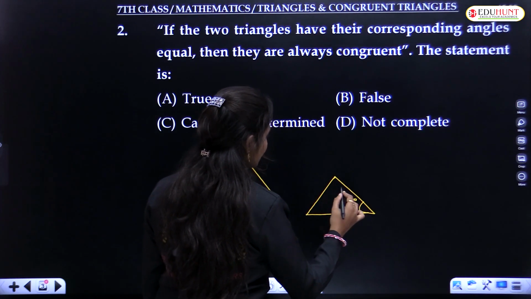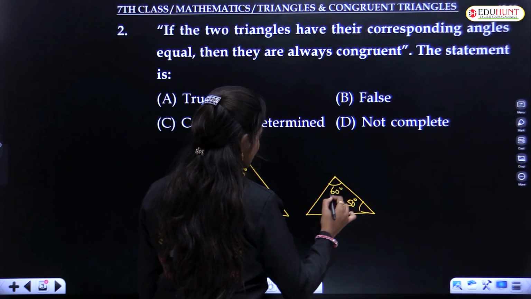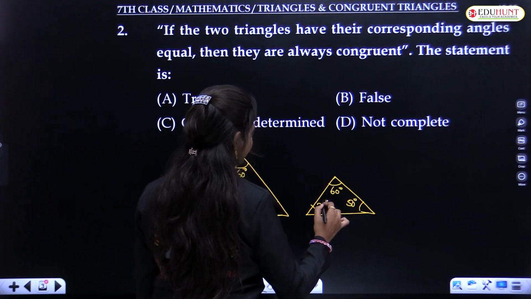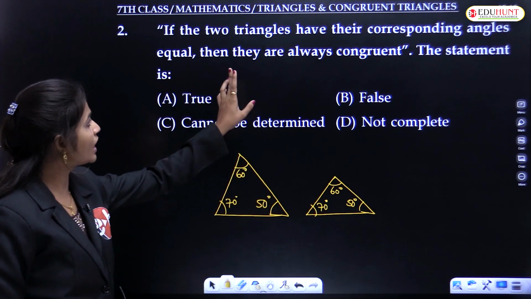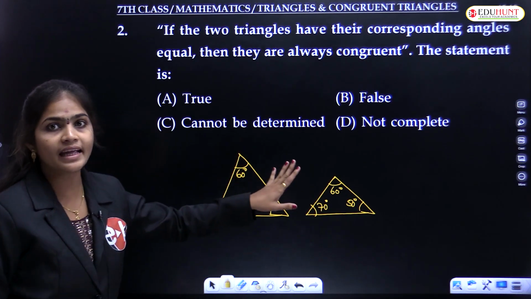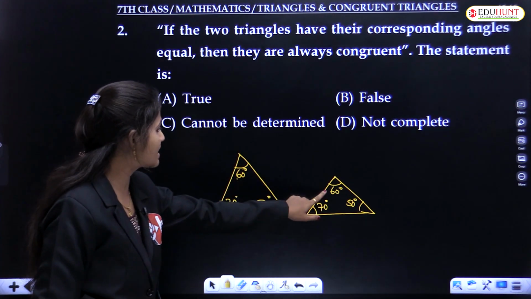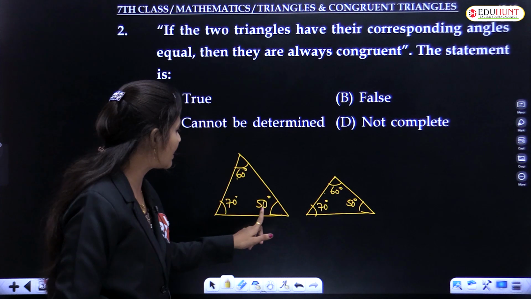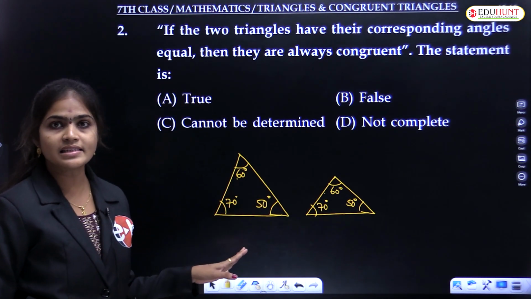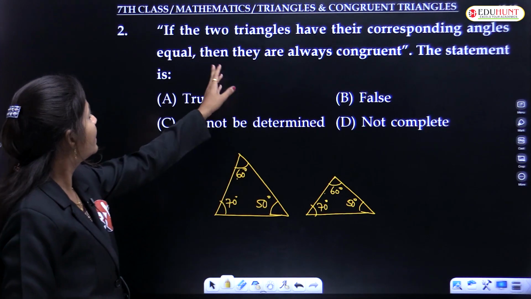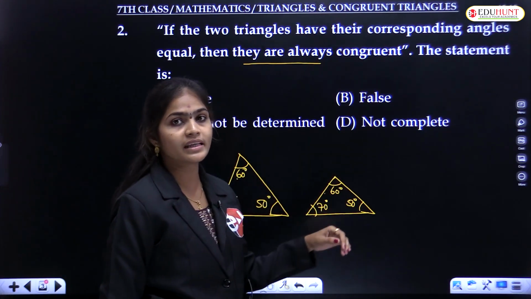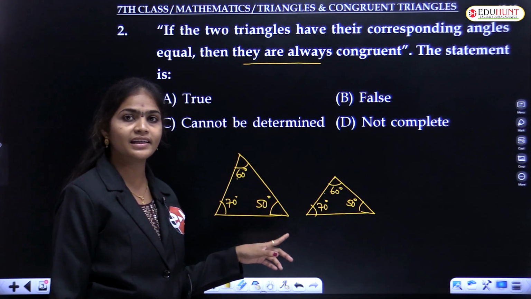Here this is 50 degrees, 60 degrees, 70 degrees. What did they give in the question? If the 2 triangles have their corresponding angles 60, 70, 50, all the angles are equal. So by taking only angles, they are always congruent. These 2 triangles are congruent here.